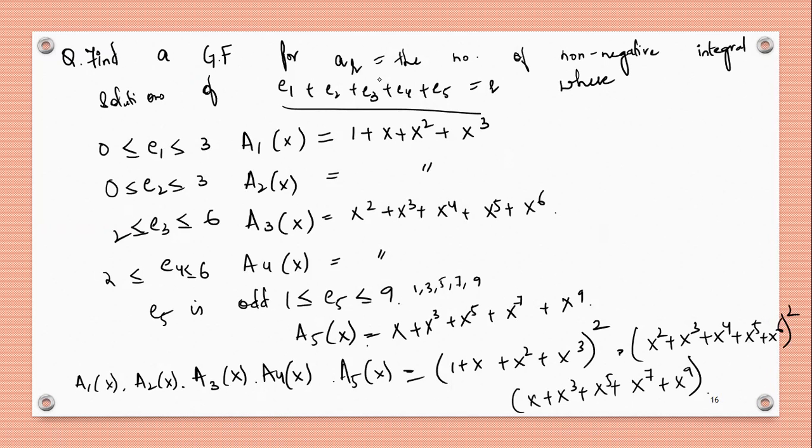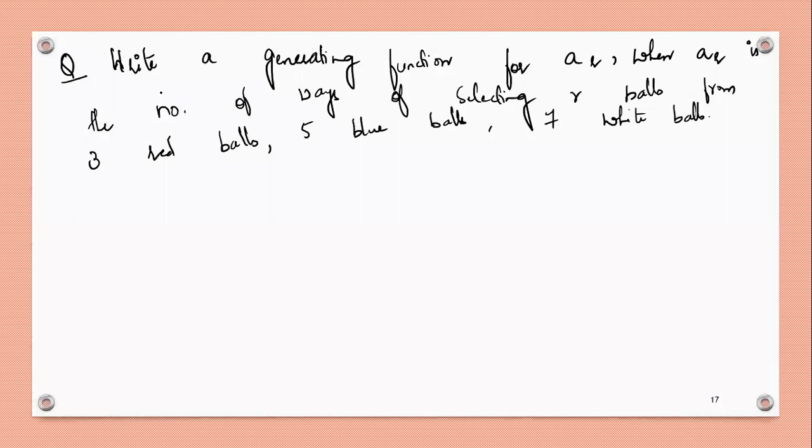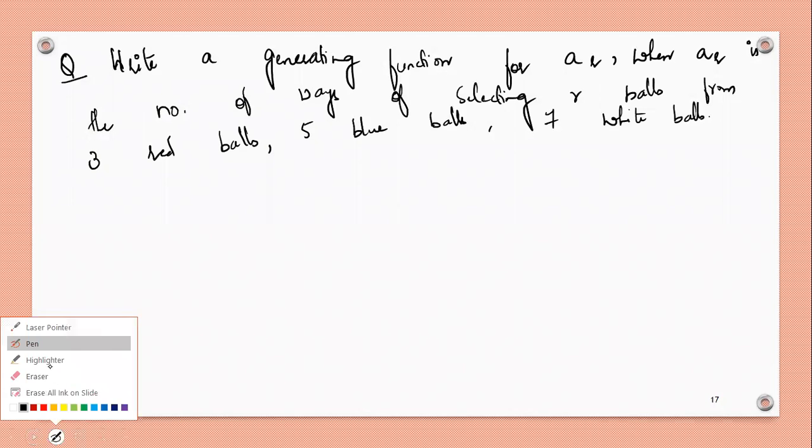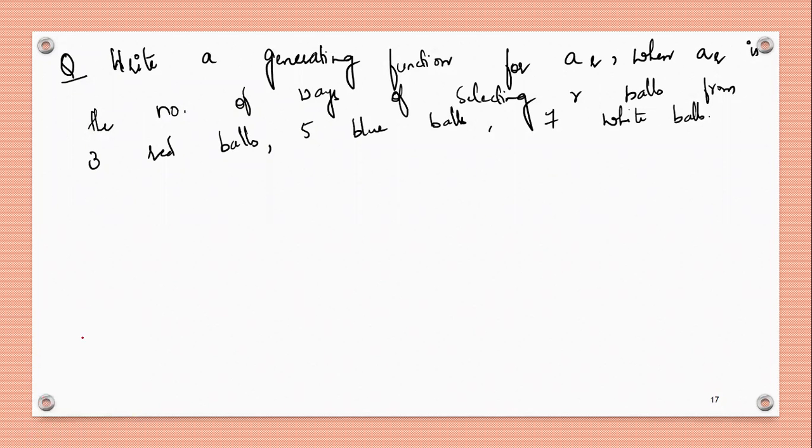Similarly, if you are given the questions in the form of a problem, you can do the same way. So the next question is, write a generating function for AR when AR is the number of ways of selecting R balls from 3 red balls, 5 blue balls and 7 white balls.